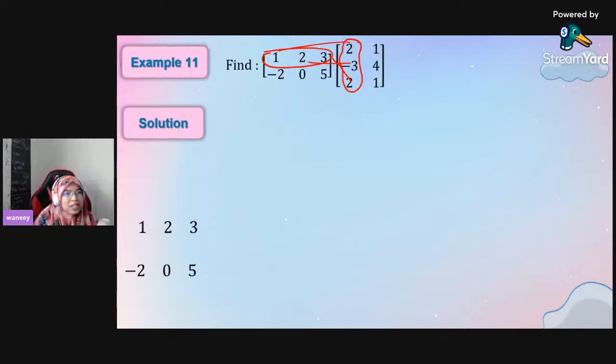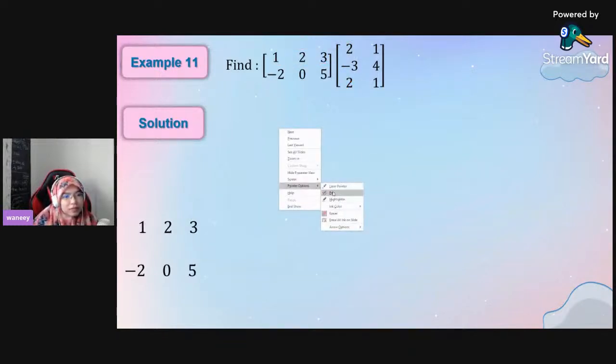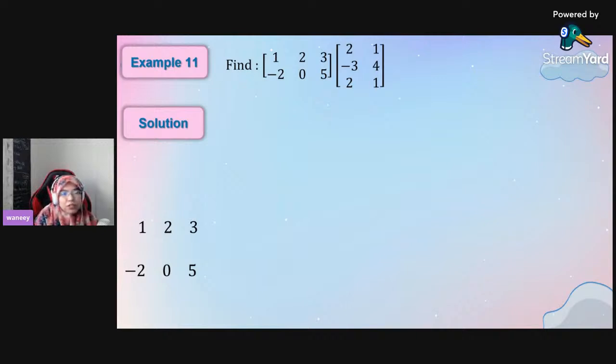Okay, so firstly, the first matrix on the left hand side, make sure to separate them by rows. So for example over here we have 1, 2, 3, negative 2, 0, 5. So I separate them by rows.